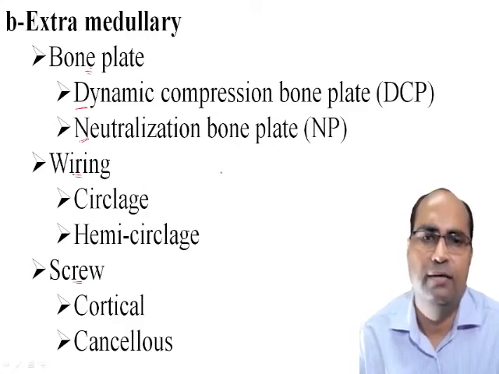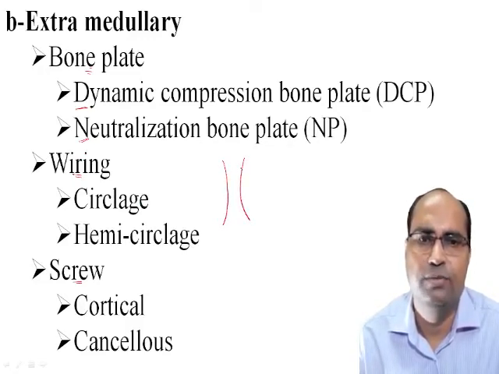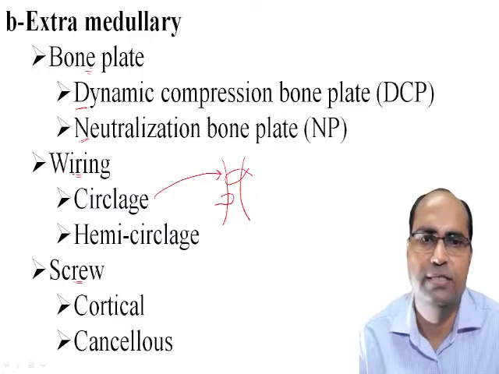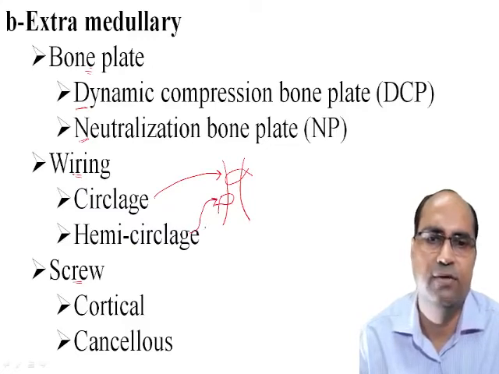Wiring is two types: cerclage wiring and hemi-cerclage wiring. When the wiring covers the whole surface of the bone, that is cerclage wiring. If only half the surface of the bone is inside the wiring, that is known as hemi-cerclage wiring.